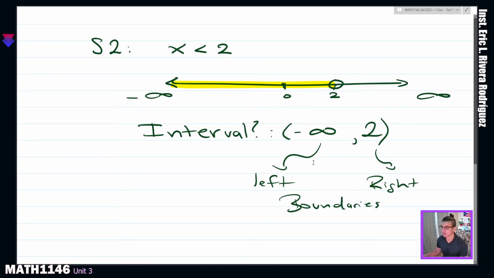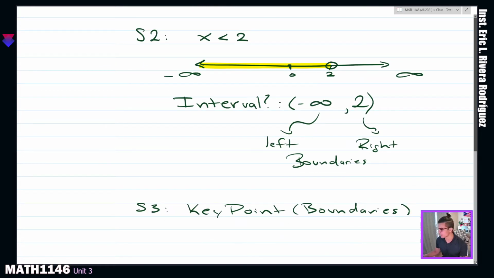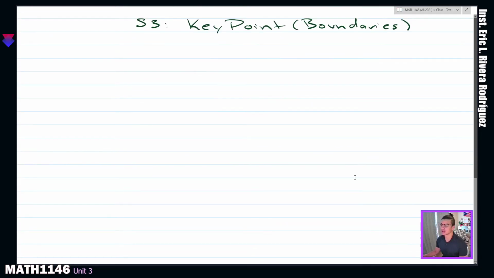All right, so let's go now to step number 3. In step number 3, we need to find the key points, and for that we are going to use the boundaries. The key points are going to be the left boundary, the right boundary, and any other extra point that we need.